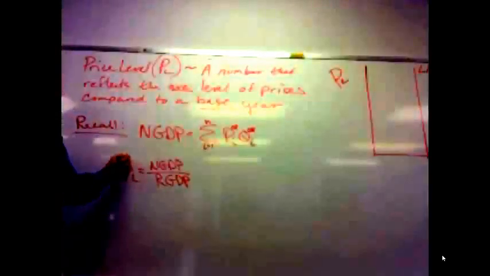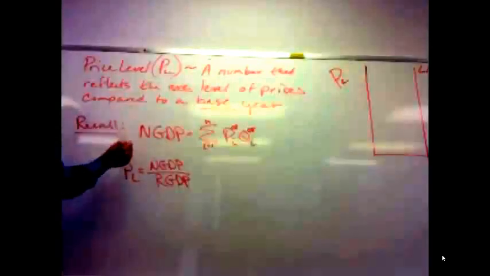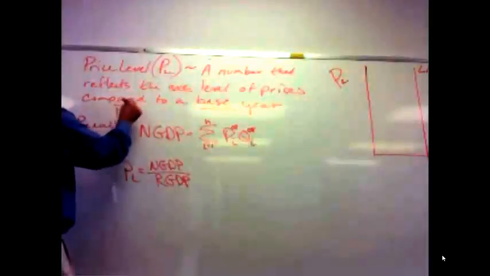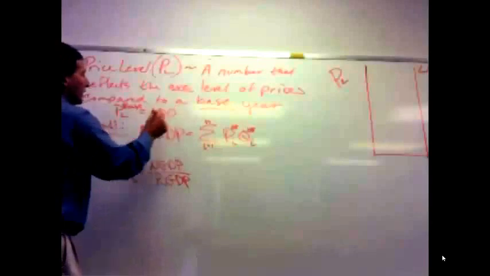The price level in the base year is equal to 100. PL base equals 100. That's our starting point.